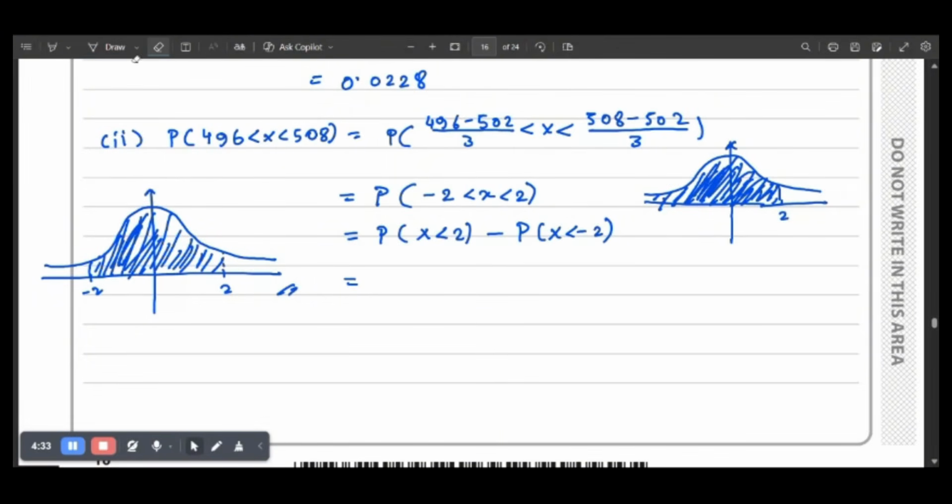Now we can write this probability like this: 1 minus the probability of x greater than 2. And we can write this probability as the probability of x greater than 2.